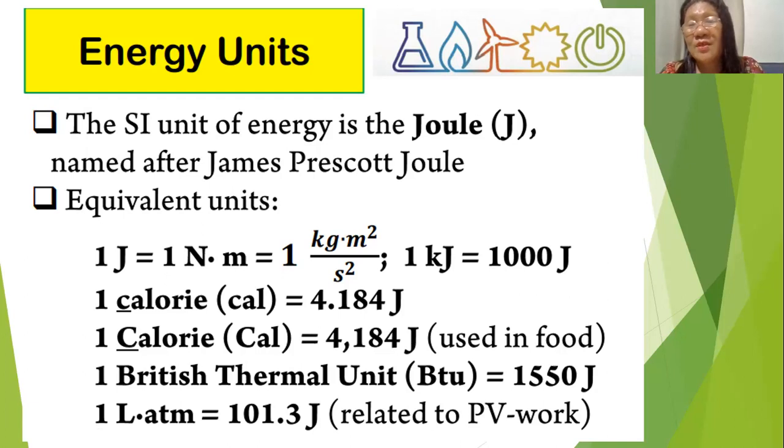Of course, this will be converted into stored energy, stored food in our system, and this will cause somebody to gain weight, especially with foods full of carbohydrates, that is carbo loading.